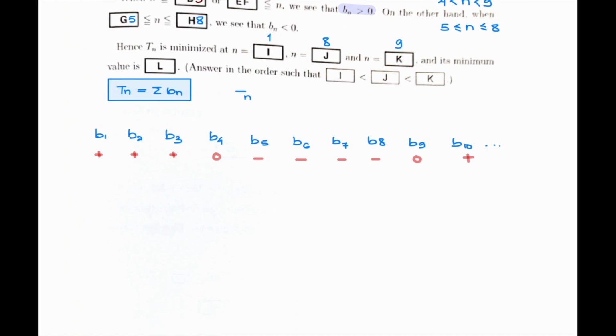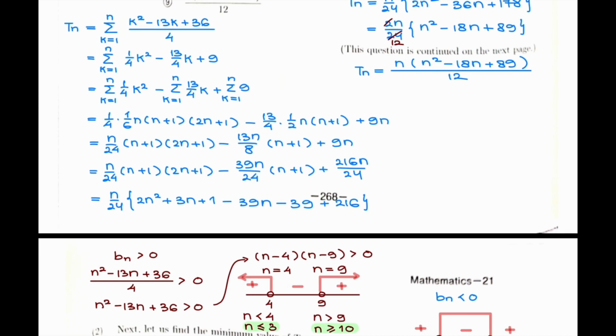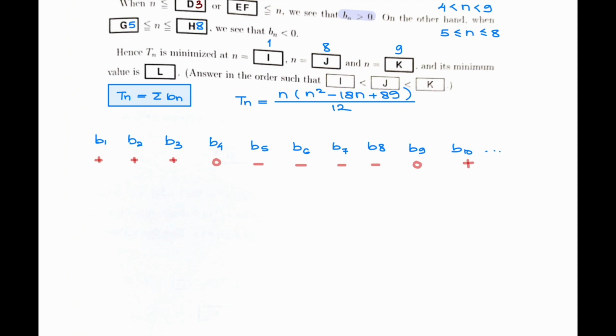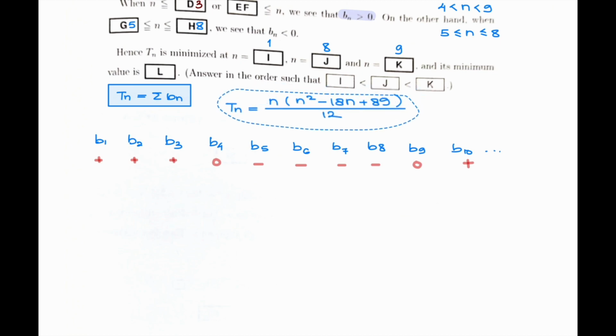Remember that our Tn is equal to this one. This is Tn. So by substituting n equals to 1, I will obtain the minimum value of Tn. 1 open bracket 1 minus 18 plus 89 over 12.